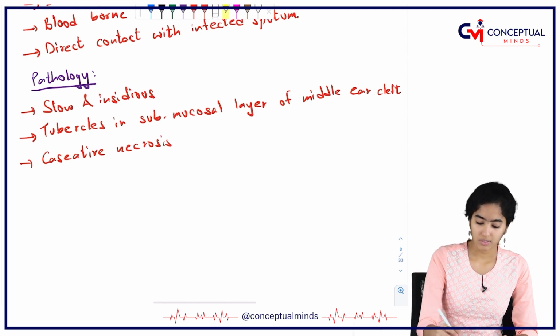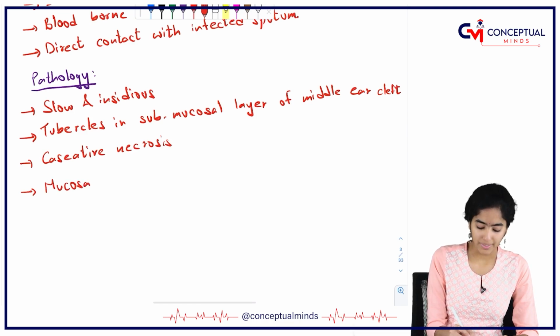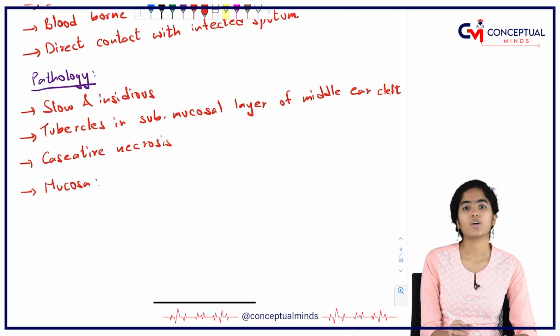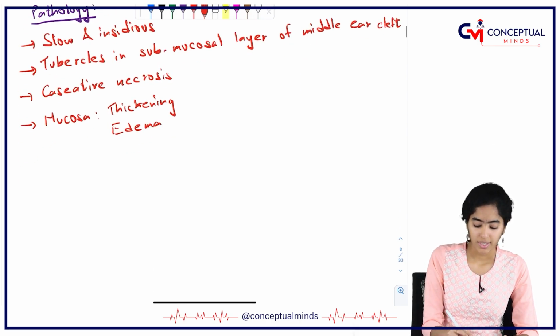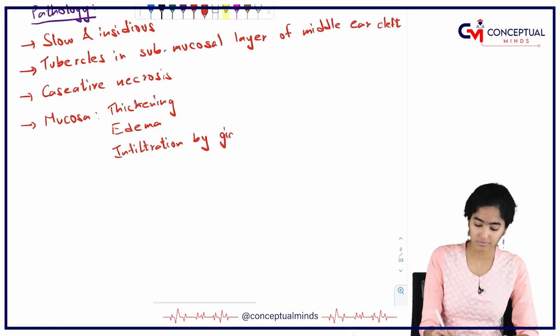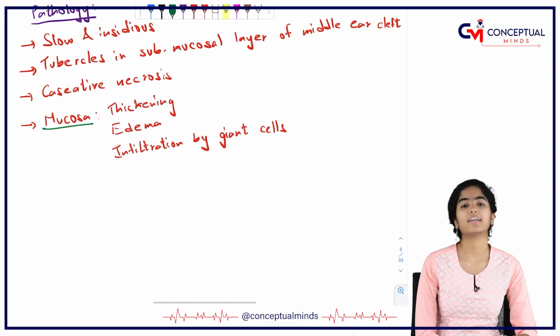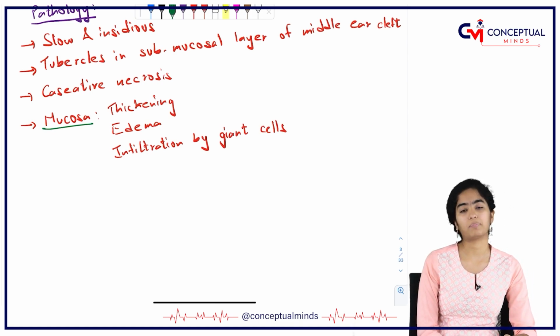The mucosa of the middle ear in tuberculosis shows thickening, edema, and infiltration by giant cells.